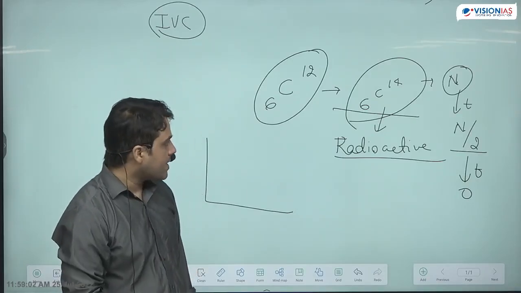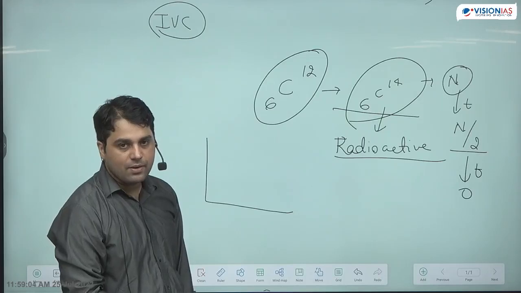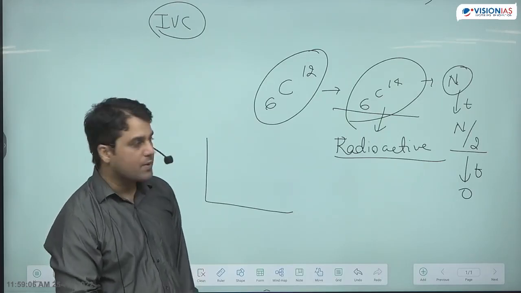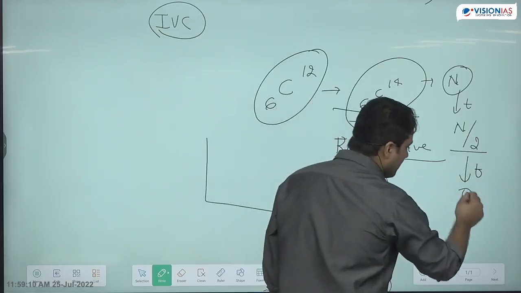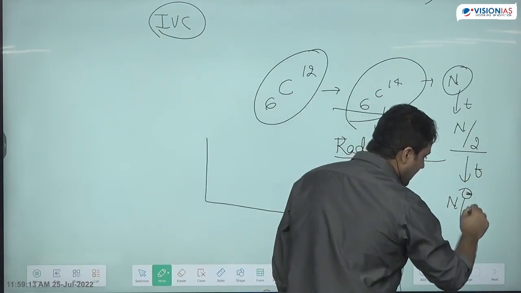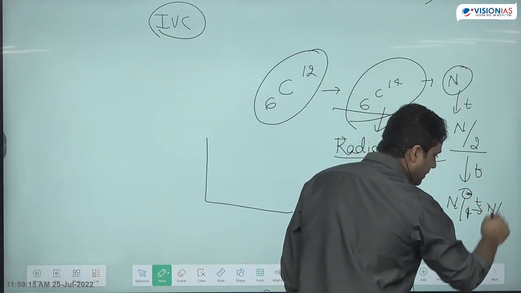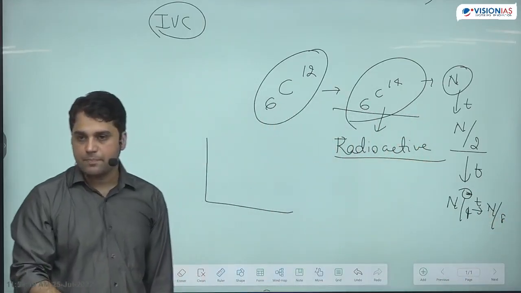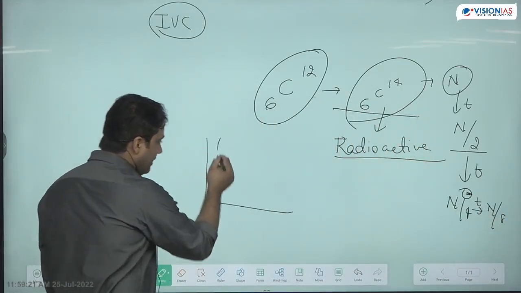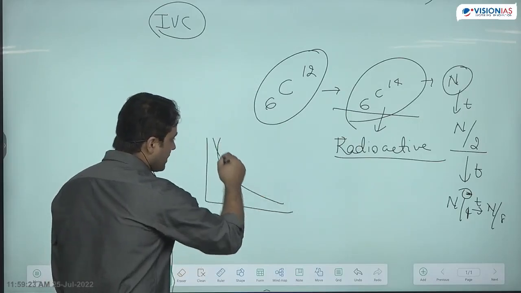Radioactivity does not follow a linear law. It follows a type of decay which is called exponential decay. After time t, this N by 2 will become N by 4, and again after time t, it will become N by 8. You get the idea that it will never come out to be 0, but will gradually move towards 0.